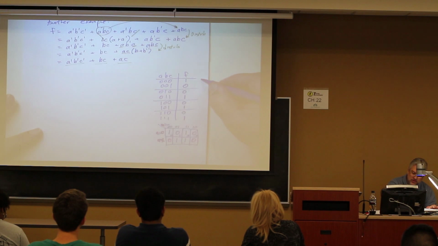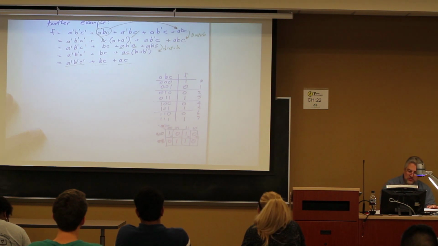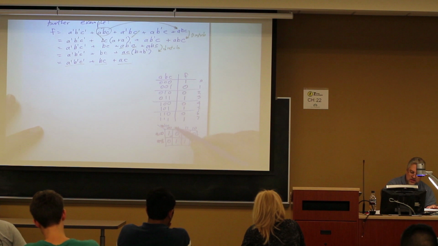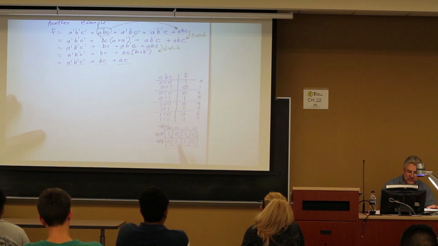So if we're doing it 0, 1, 2, 3, 4, 5, 6, 7, notice that we kind of group these so that going from one of these columns to the next column is changing 1 bit. So in this case, we're changing the C bits going from 0 to 1. B stays the same.